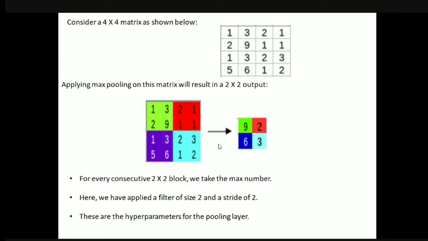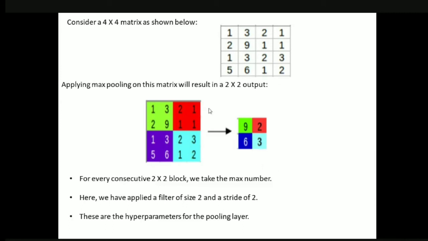You may think that we may lose some features. But here we are not going to lose any features because we are taking the maximum value. We do not lose any feature. But why we are doing the pooling operation is we wanted to reduce the size. Thereby we can increase the speed of the computation.